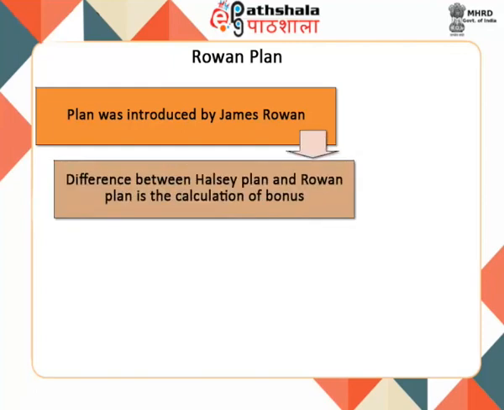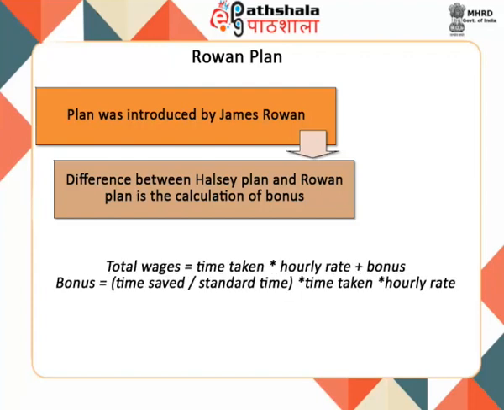Rowan Plan. This plan was introduced by James Rowan. The only difference between Halsey Plan and Rowan Plan is with respect to the calculation of bonus. Instead of 50% of the time saved, bonus is calculated as a proportion as follows. Total wages equal to time taken multiplied by hourly rate plus bonus.